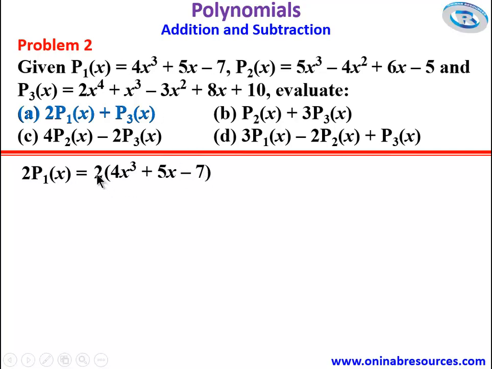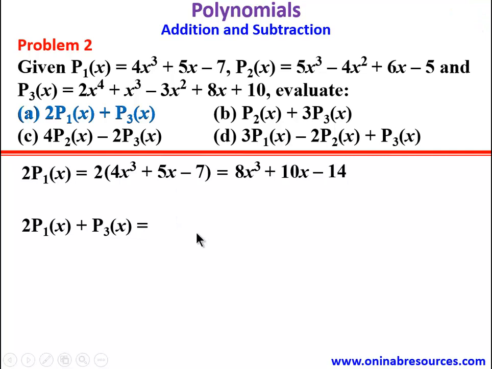So we expand the bracket. 2 times 4x cubed gives 8x cubed. 2 times 5x gives 10x. And 2 times negative 7 gives negative 14. So here we are going to then add it to P3 of x. So 2P1 of x plus P3 of x is equal to, and we still remember our numbering if we are applying the tabular form.